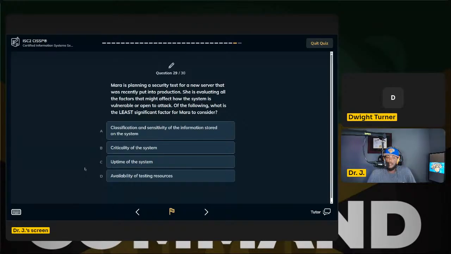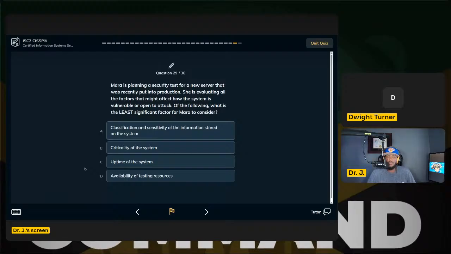Alpha, you definitely want to consider that. Bravo, you want to consider that. Charlie, yes. Delta would probably be the least to consider out of these choices.